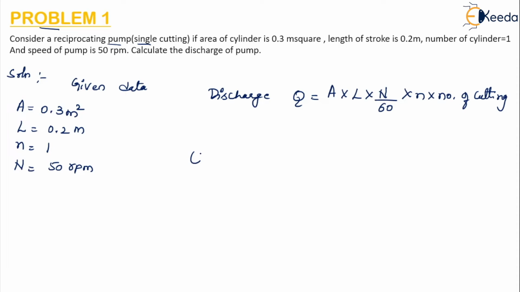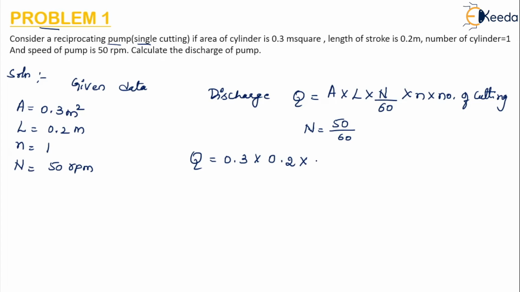So Q, that is discharge, is A, that is 0.3 meter square, into 0.2, that is the length of stroke, into capital N, that is 50 rpm. So 50 divided by 60.